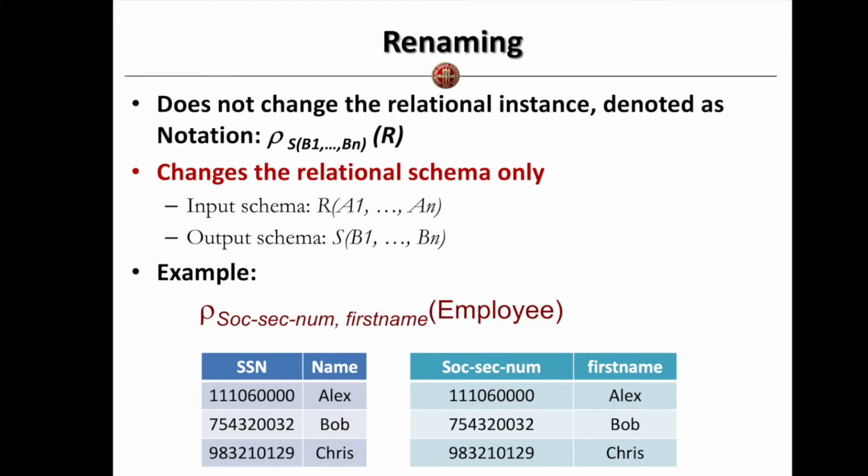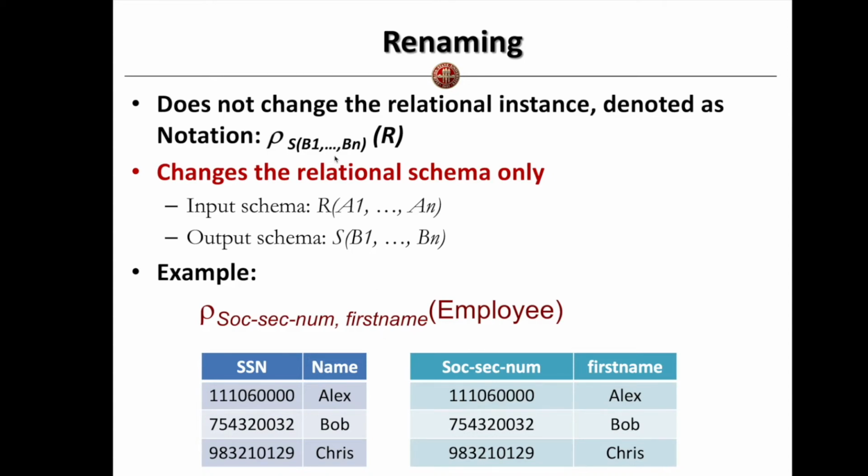Here we don't want to change the relation name, we only plan to change the attribute names. We can do so by writing rho social security number, comma, first name, on the employee relation. In this way, we can change the attribute names in the employee relation. We change the SSN to the social security number. We change the name to the first name.